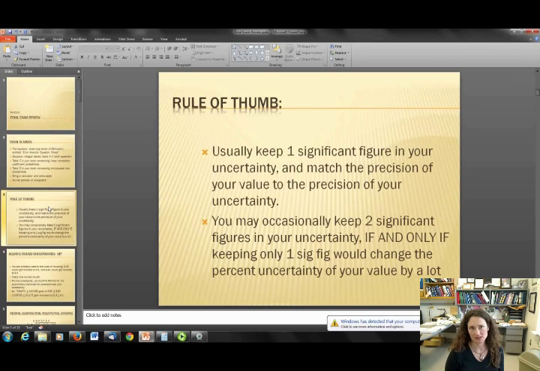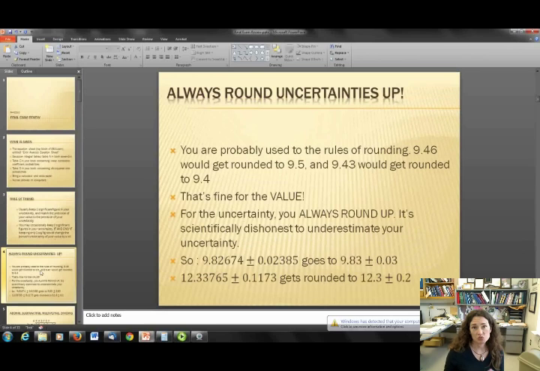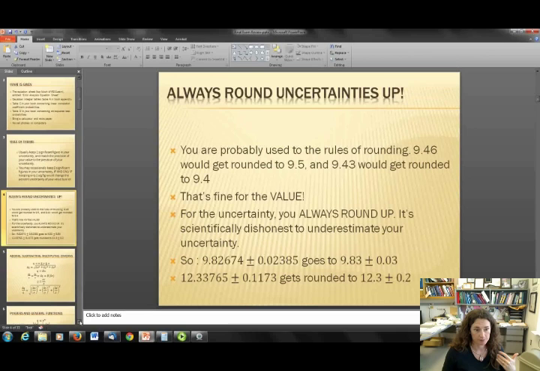And so in that case, it might be all right to keep two sig figs. When you round an uncertainty, when you truncate to one or two sig figs, you're always going to round up. It's scientifically dishonest to round your uncertainty down. You follow normal rules of rounding for the value, but for your uncertainty, you always round that up.